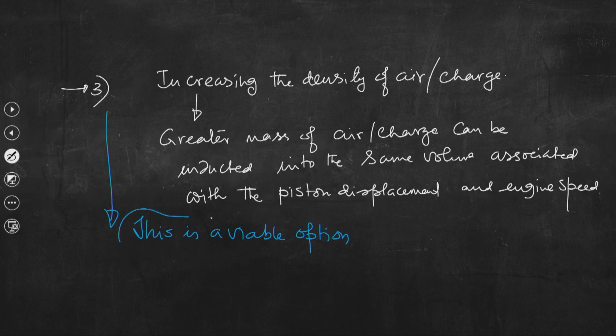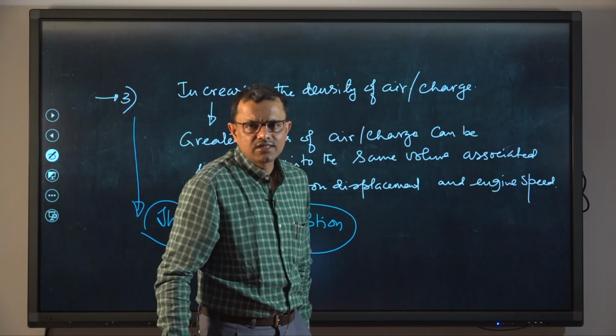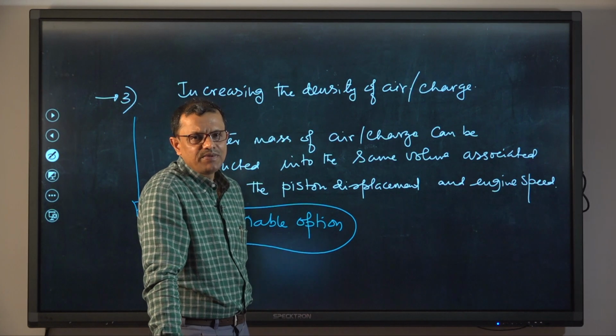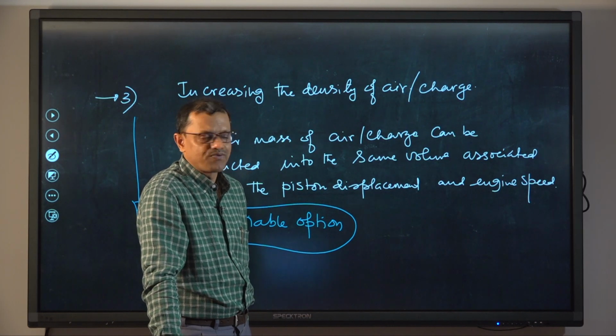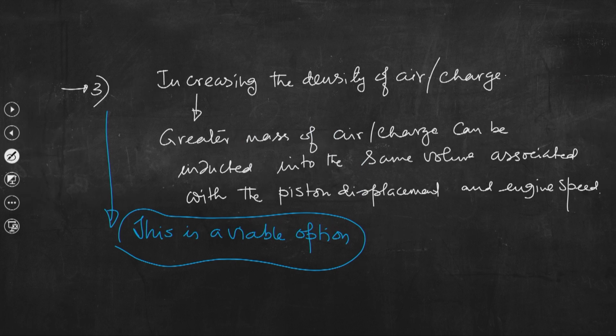So out of these three different methods that we have discussed, increasing the density of air or charge, that is, if we can increase density, then a greater amount of charge can be inducted into the same volume associated with the piston displacement and engine speed, and this can be a viable option among the three options we have discussed so far. So essentially this is nothing but the use of supercharging.